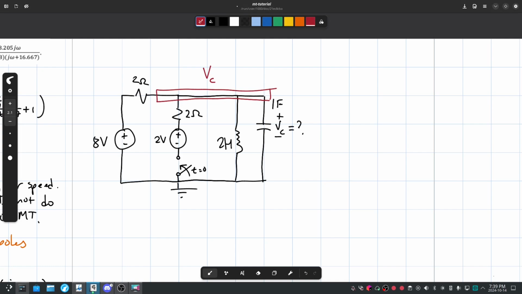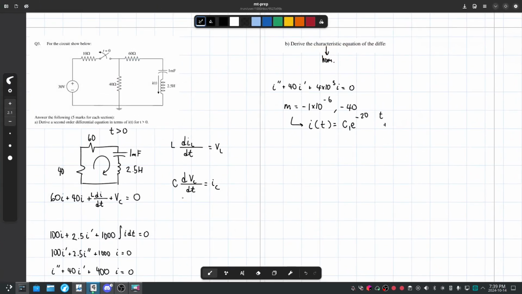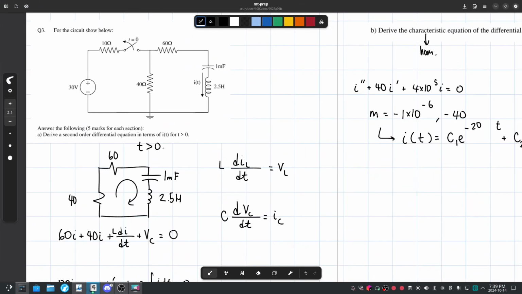Let me see how I solved another one. The one on the practice midterm asks you to find the current, and it's in series. You solve it using KVL.